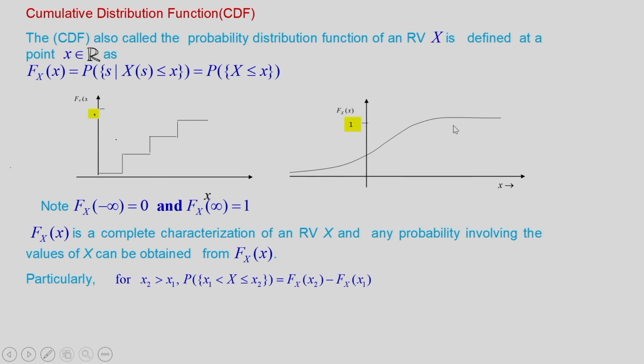Similarly, we may have a continuous CDF function where x will be ranging from minus infinity to plus infinity. And we also observe that this CDF is a non-decreasing function. Also note that F_X of minus infinity is equal to 0 and F_X of plus infinity is equal to 1.